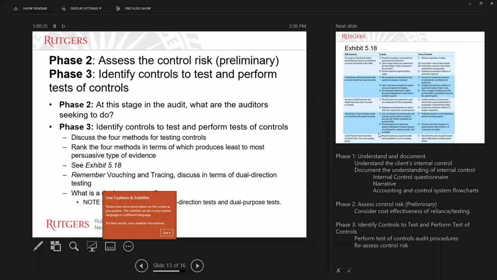If you say the auditor vouched a sample of sales transactions from the sales journal to the shipping documents, that's a test of detail or a vouching procedure. If you say the auditor compared the shipping document, sales order, and sales invoice for evidence that someone had made that comparison prior to reporting in the sale journal, that's a test of control. So if they do all of these procedures together, it's a dual purpose test.